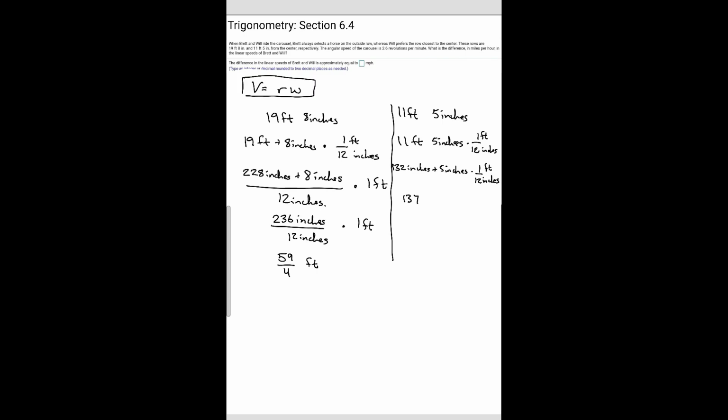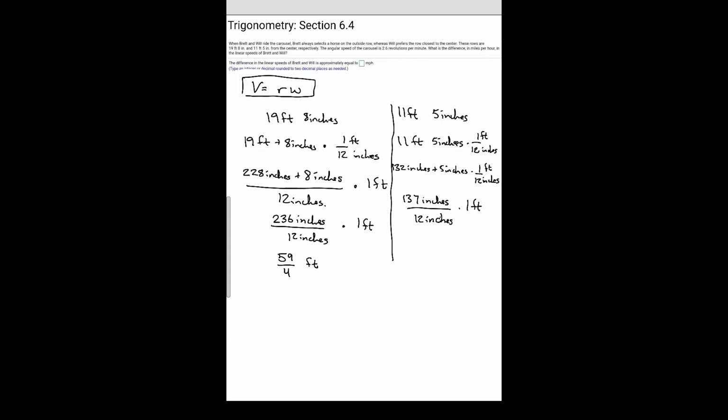So 137 inches over 12 inches times 1 foot. To clarify what we talked about on the other part, why the inches went away is because the inches just canceled out. Your units would cancel out. So the only unit we have left now is feet. So we have 137 over 12 feet. Well, 137 over 12 does not reduce, so that's where we would stay on that one.